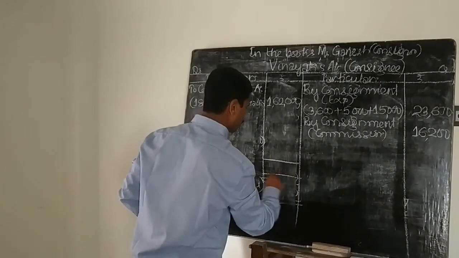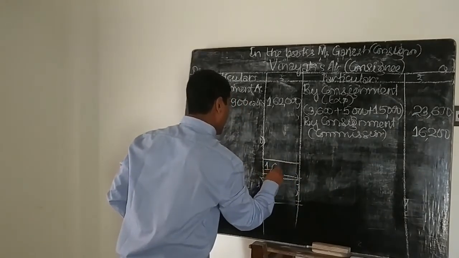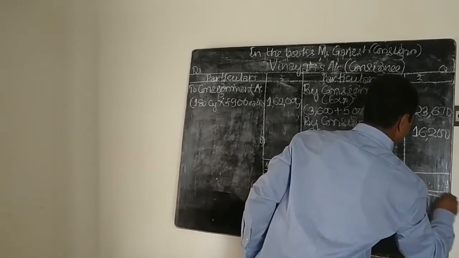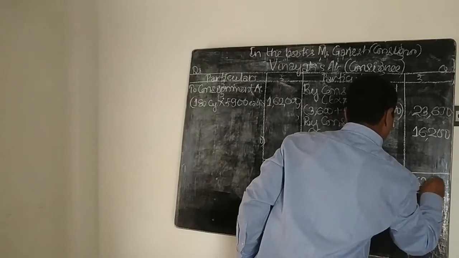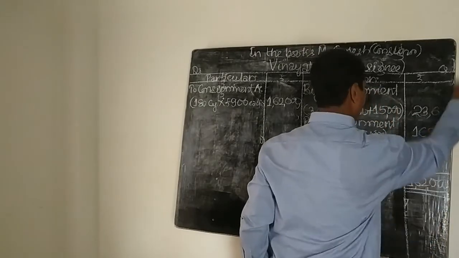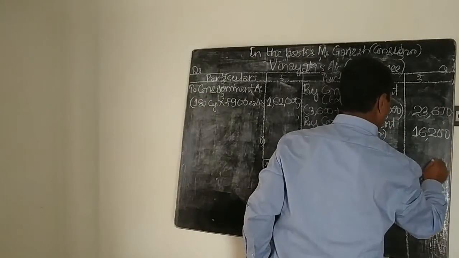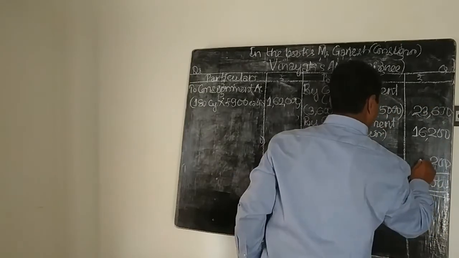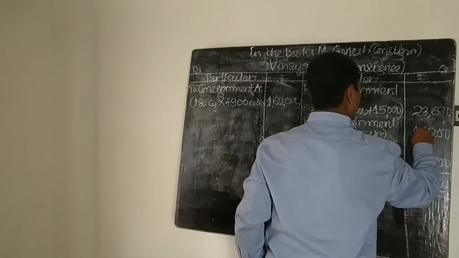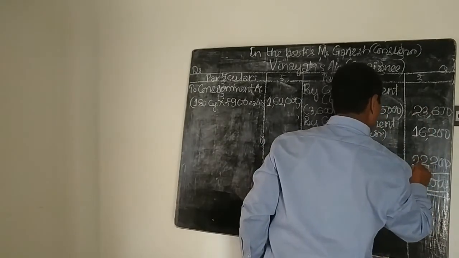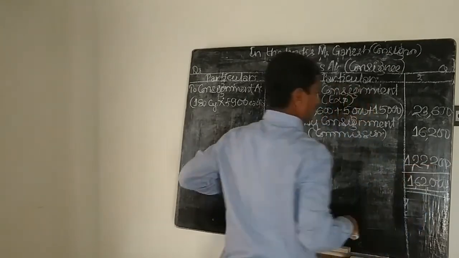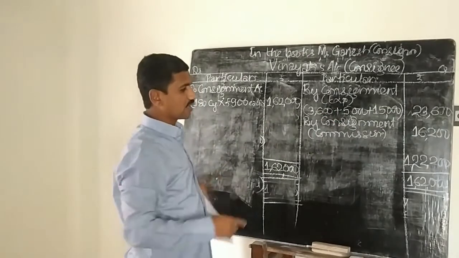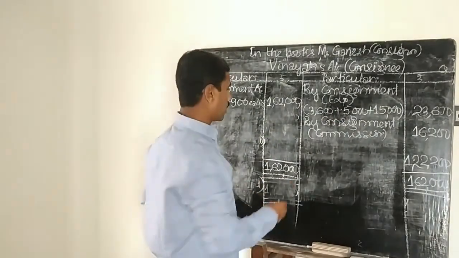So now please take the total on the debit side here. That comes to 1,62,000. So now you find the difference here. 6 plus 2, 8, 8 plus 2, 10, carry 1, 7, 7 plus 3, 10, 10 plus 2, 12, carry 1, 2, 2 plus 2, 4, 4 plus 2, 6. So the final payment to be made by the consignee to the consignor is 1,22,200.